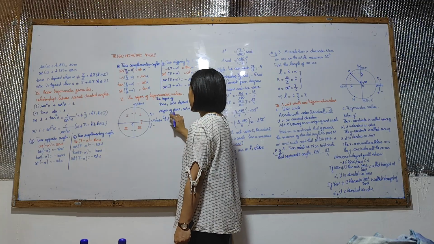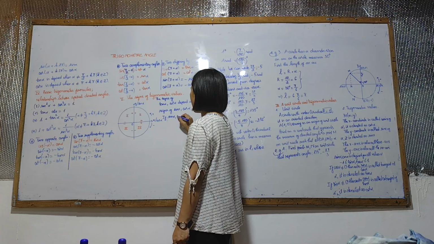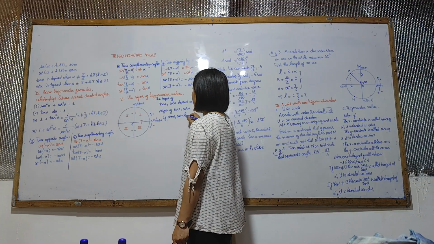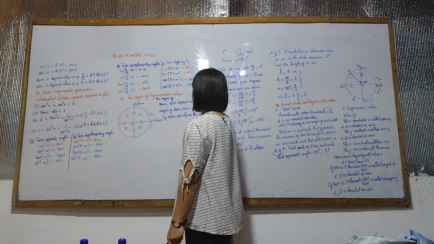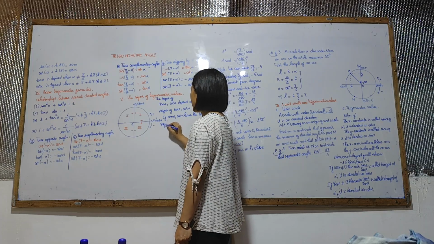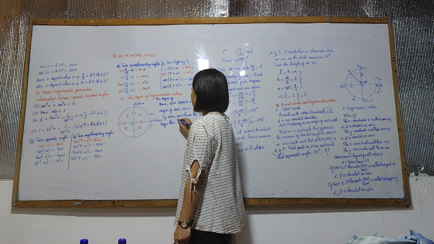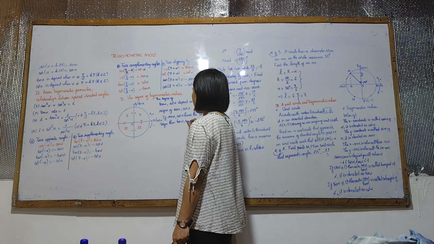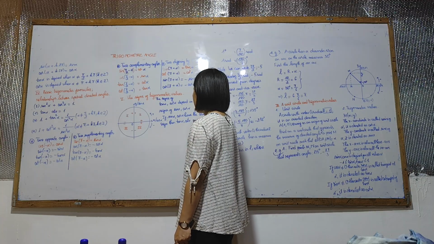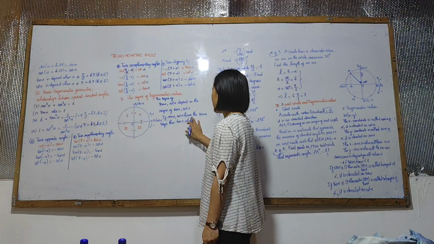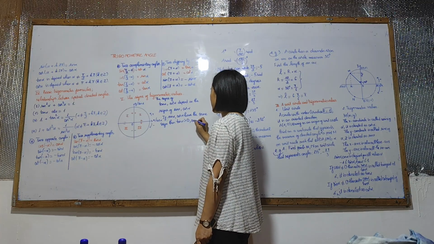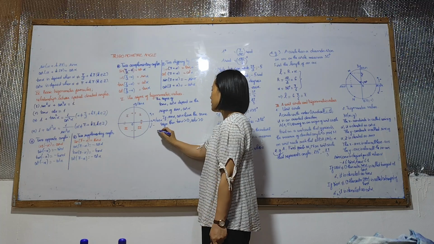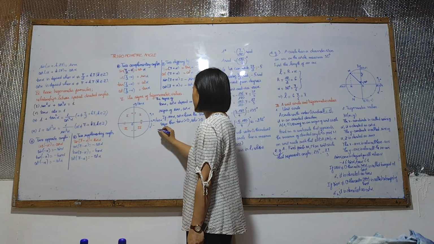If sine alpha and cosine alpha have the same sign, then tangent alpha and cotangent alpha are greater than 0, and vice versa.